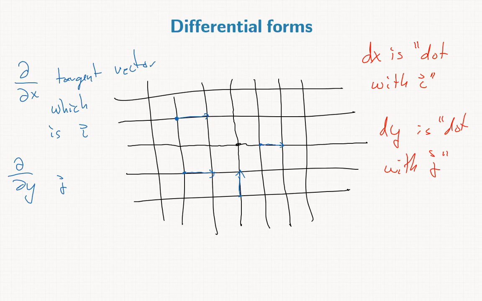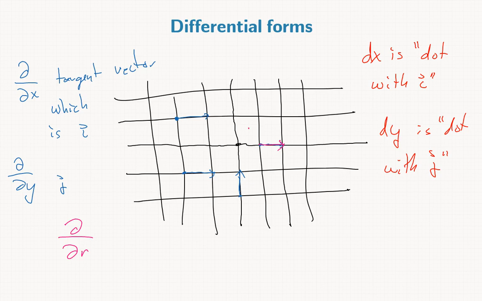Whereas if we take del by del r, now this will depend on where we draw this. This vector would just be del by del x at 1, 0.